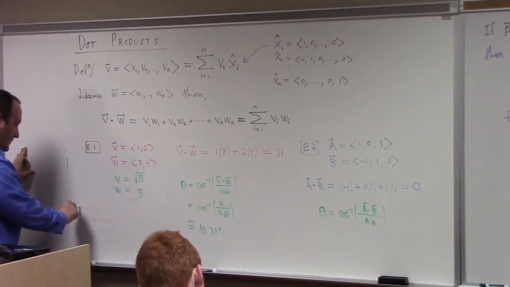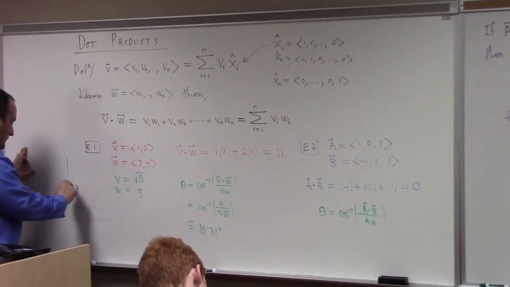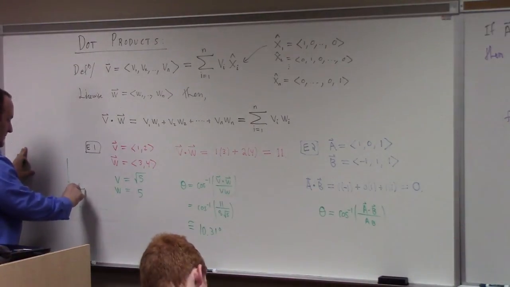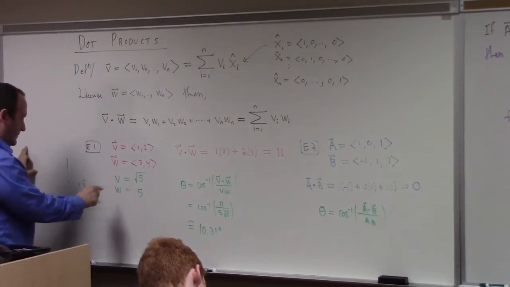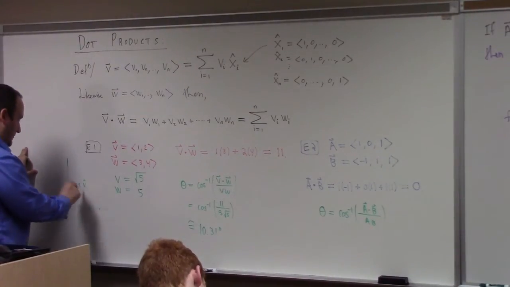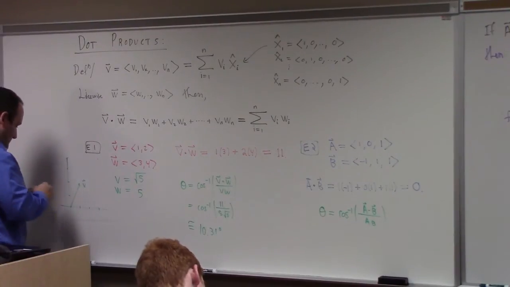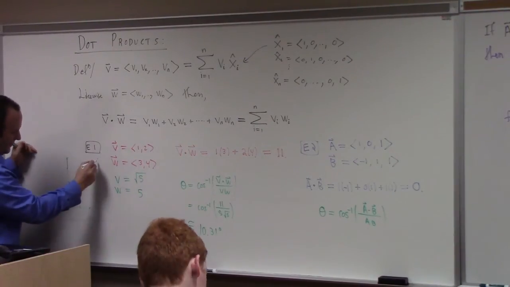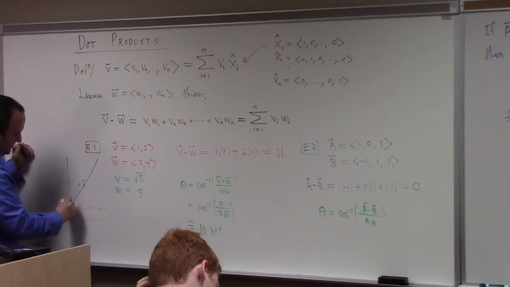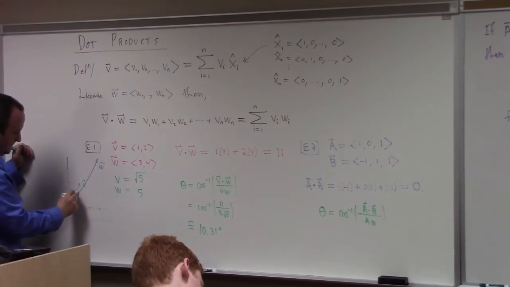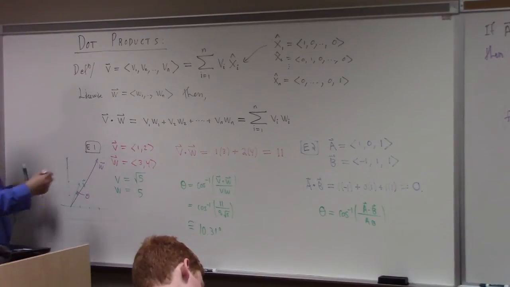We've got 1 over, 2 up. So here's V, right? Where's W? It's 3 up. So it's like here. So by my rough sketch here on the board, that makes sense, right? About 10.31 degrees.